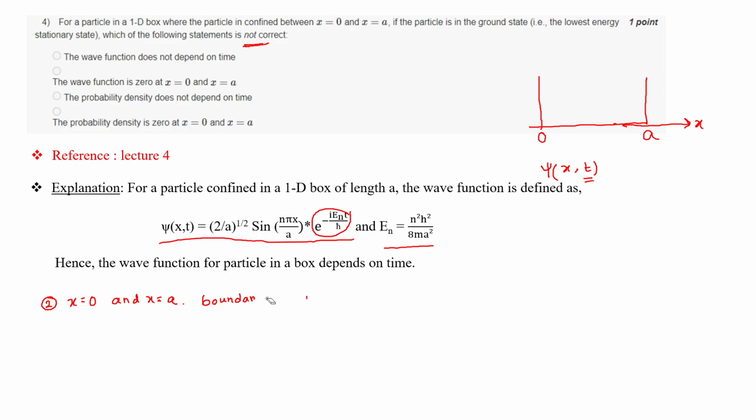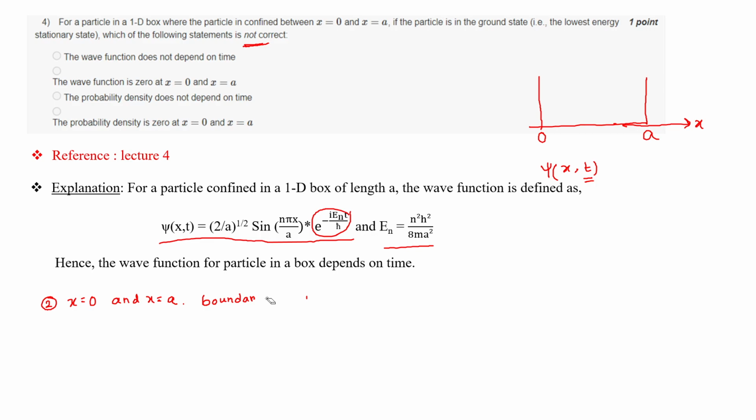So here time is involved, so I have to involve this time also. So psi star x comma t into psi x comma t.